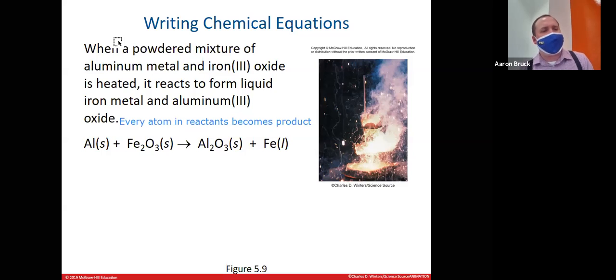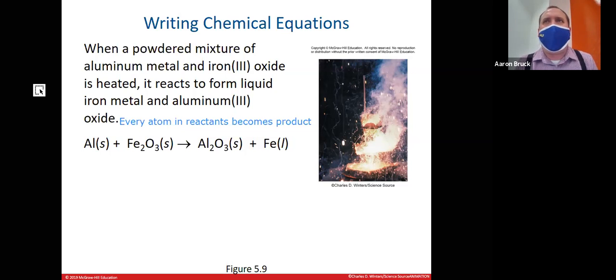In the thermite reaction, we have a powdered mixture of aluminum and iron 3 oxide heated together. The reaction is quite exothermic, generates tons of heat. And the end result is that we get molten iron along with aluminum oxide.